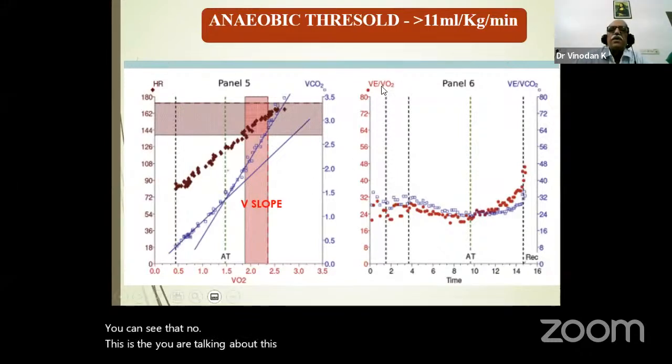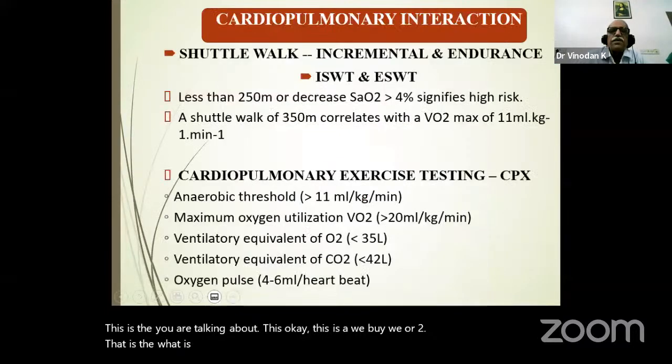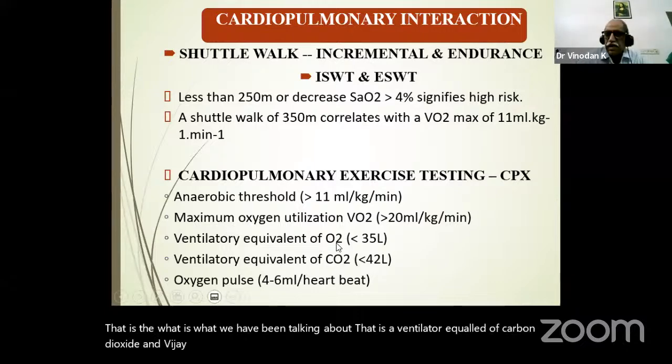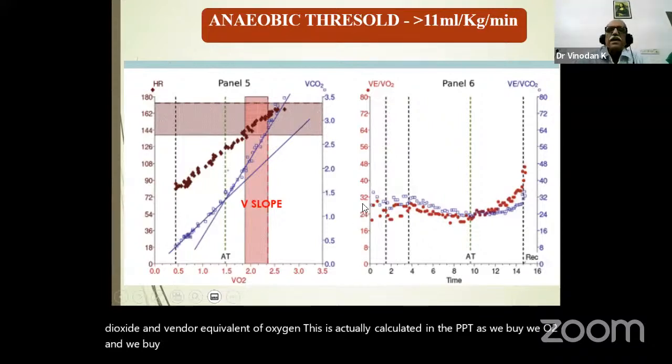Okay, this is VE by VO2. That is what we have been talking about. That is the ventilatory equivalent of carbon dioxide and the ventilatory equivalent of oxygen. This is actually calculated in the CPET as VE by VO2 and VE by VCO2. So that is in liters.